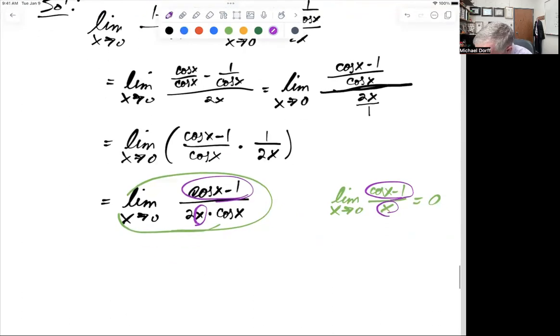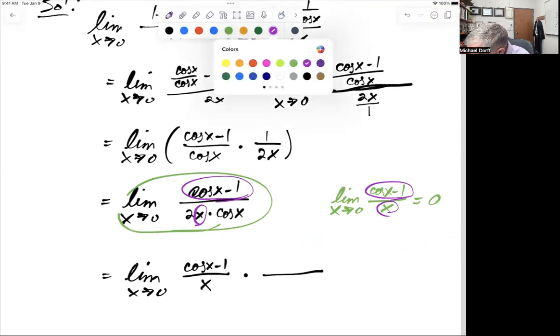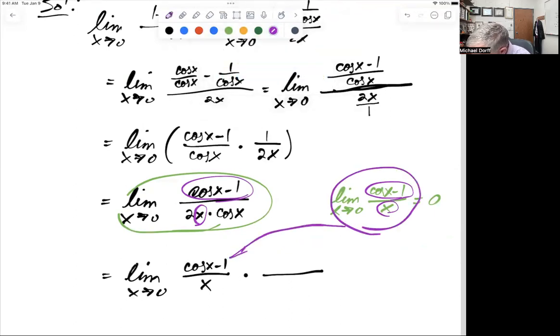So let's take what we have and break it up into two fractions, just like we did in the previous one. We're going to put a cosine x minus 1, and we're going to put something over here. What do I want in the denominator of the first part? I want an x. Why do I want the x? Because then it would match up with this.